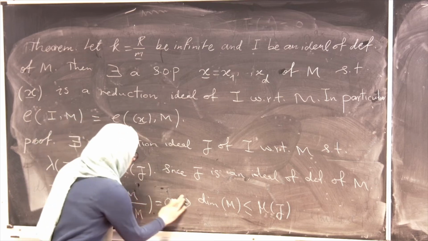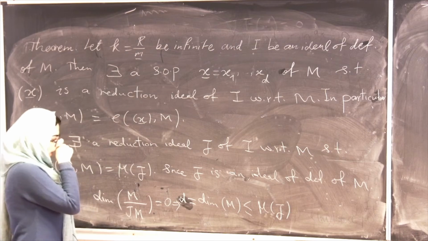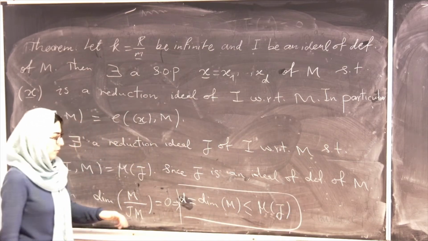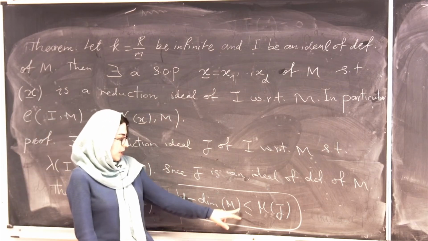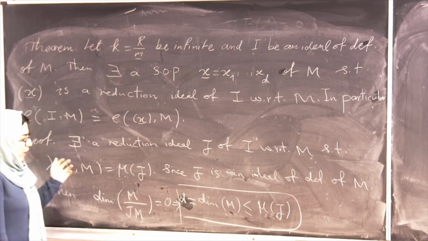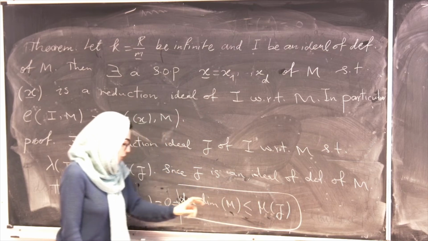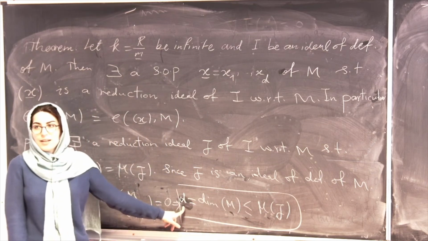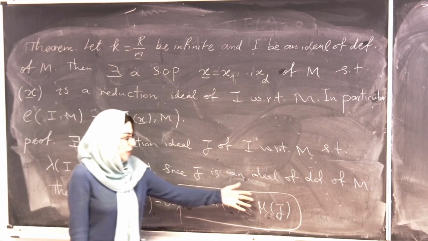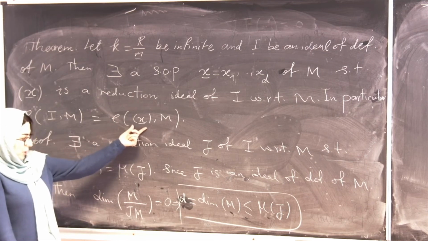I call this dimension d. If we can prove that this is in fact an equality, that the dimension equals mu of J, then the cardinality of a minimal generating set of J is exactly the dimension, and this was the definition of a system of parameters. So this means that J is generated by a system of parameters, and this is exactly what we are looking for.